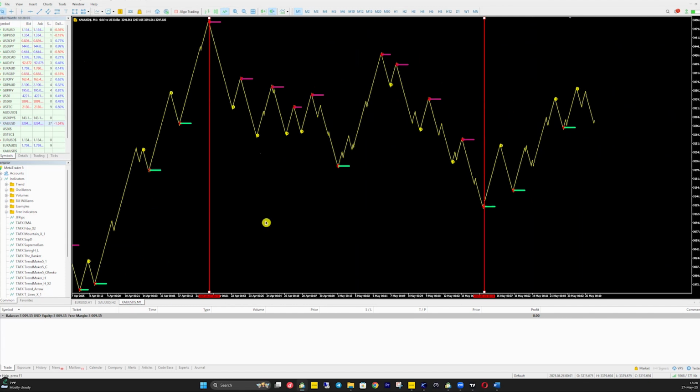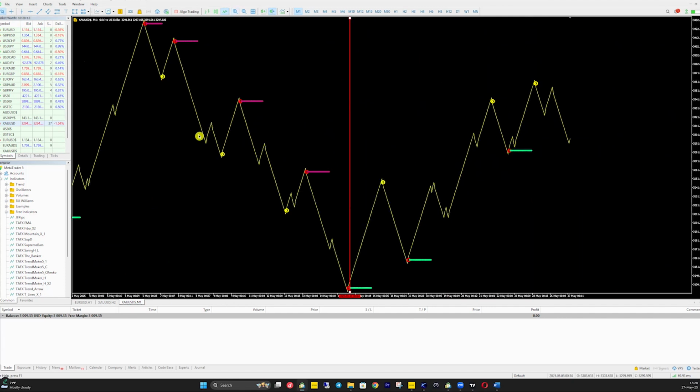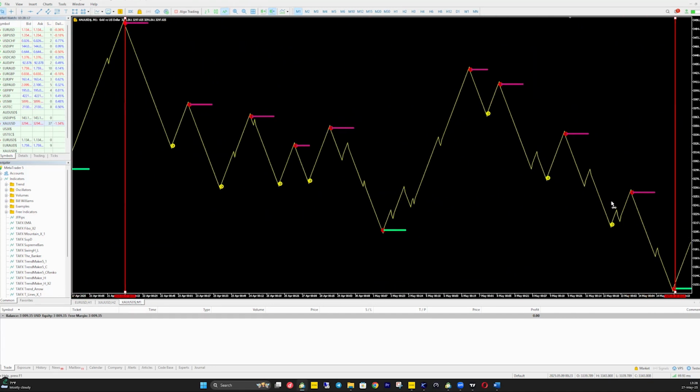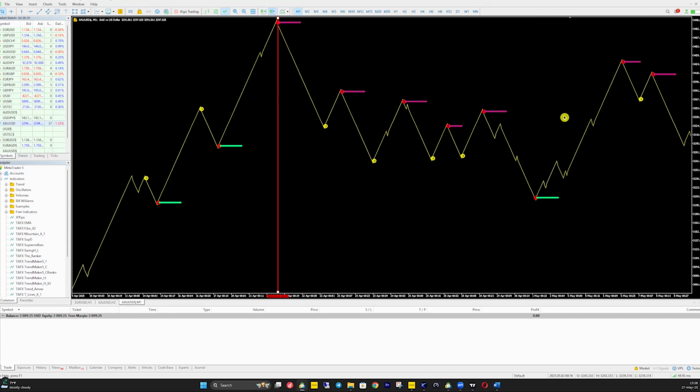Now, let's learn about the higher highs, higher lows, lower lows and lower highs. If we come to this area, I want you to check this correctly: how Renko makes things easier.